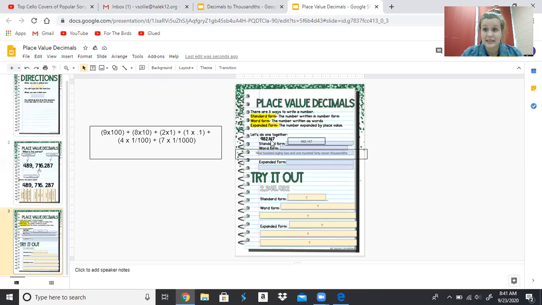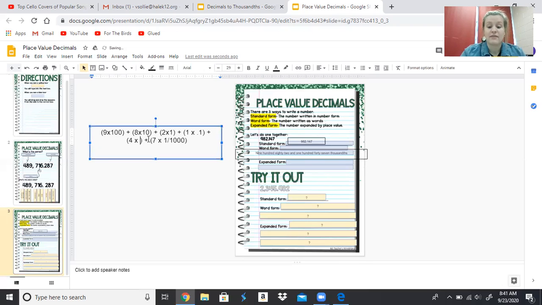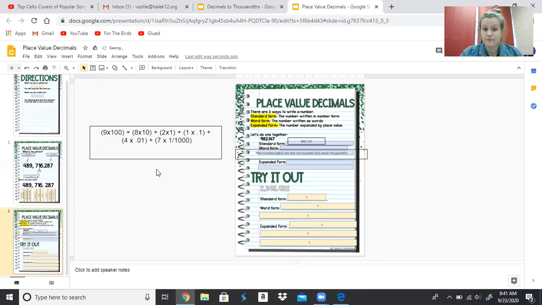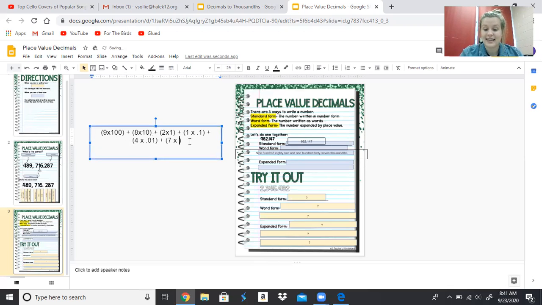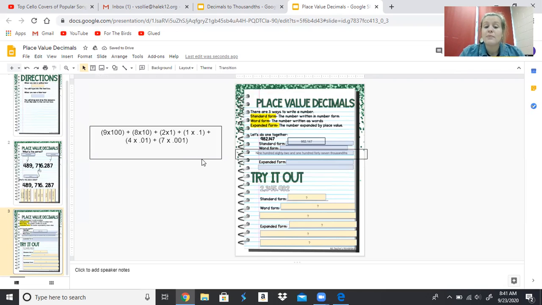The hundredths place. So that is times 1/100th. If you want to write it as a decimal instead of a fraction, it's just 0.01, whichever makes more sense to you, okay? Plus 7, that's our next number, it's in the thousandths place. So we multiply it times 1 over 1,000, or what do you think 1 over 1,000 is as a decimal? 0.001. Awesome job, guys.